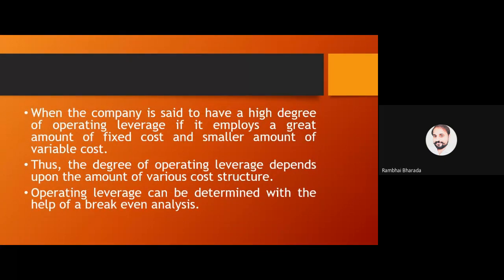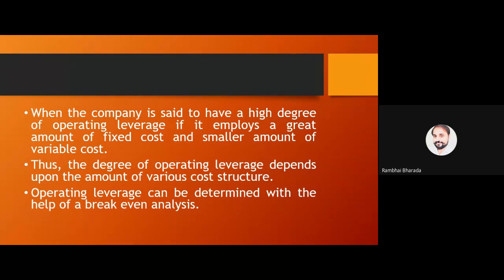A company is said to have a high degree of operating leverage if it employs a great amount of fixed cost and a smaller amount of variable cost. This is one line you need to remember. If a company uses more fixed cost and less variable cost, the operating leverage is very high.